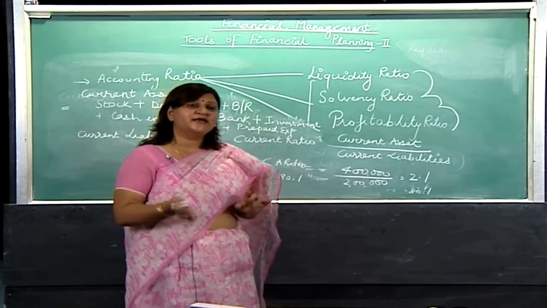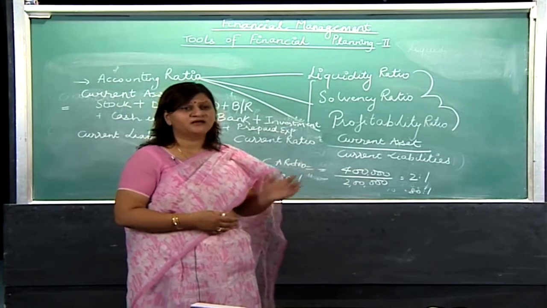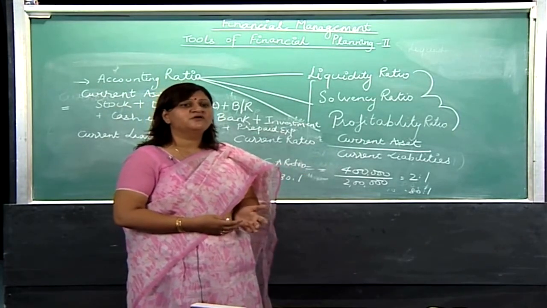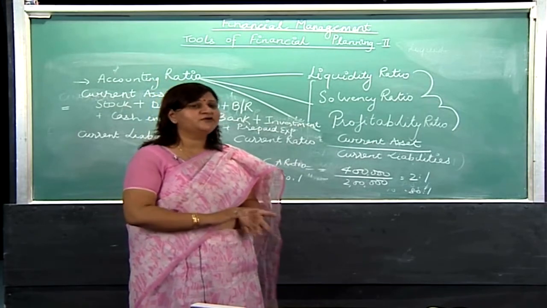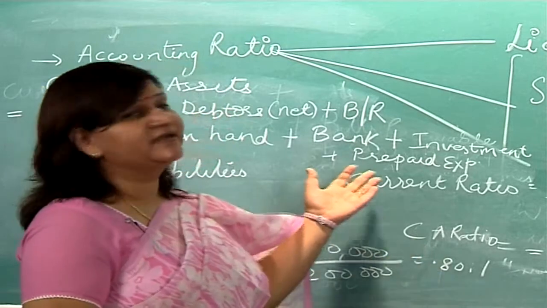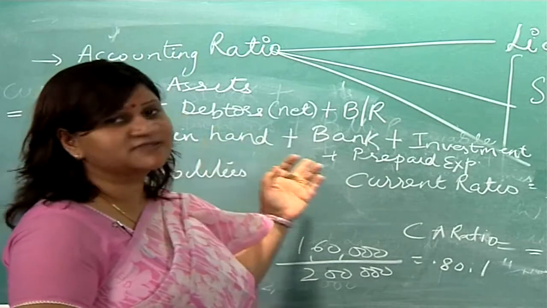Their liability is not yet generated, but we have given advance money against the expenses. For example, if 14 months rent is given, we will take 2 months rent as prepaid rent and include it in the list of current assets.